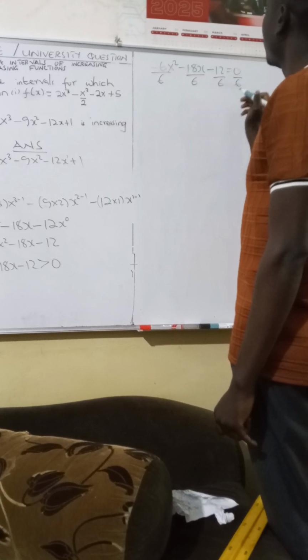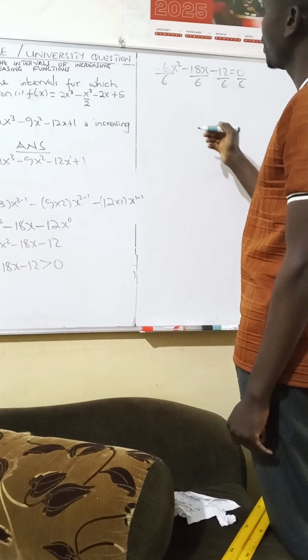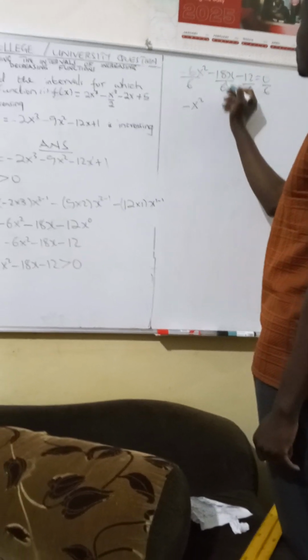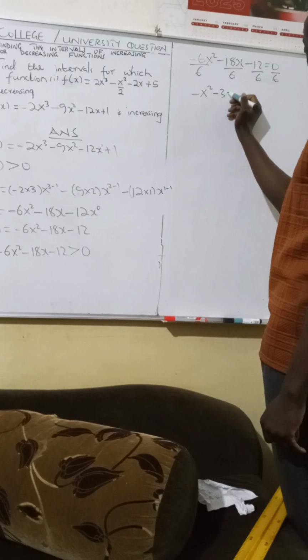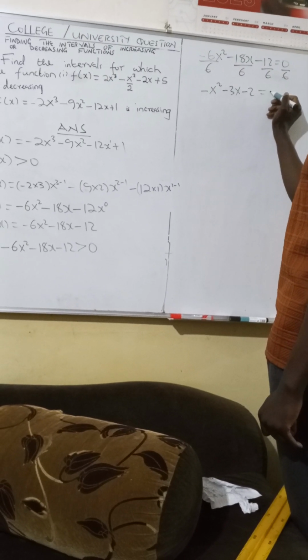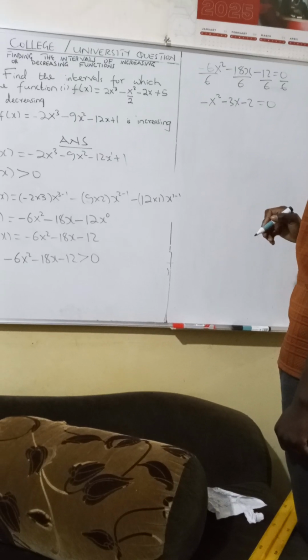What I do on the left hand side, I also do on my right hand side. So I'm going to have negative x squared, 18 over 6, I'm going to have minus 3x, 12 over 6, we're going to have minus 2, this equal to 0.